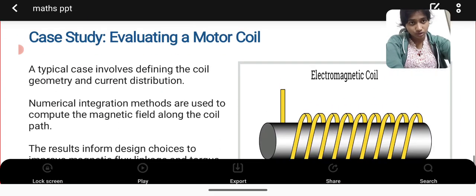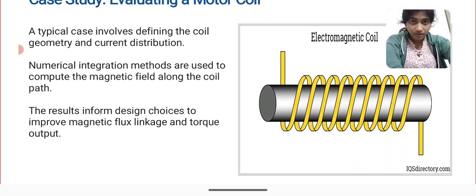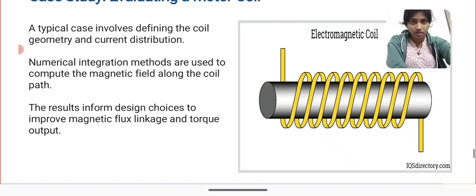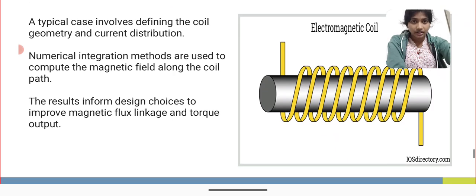Case study: evaluation in a motor coil. A typical case involves defining the coil geometry and current distribution. Numerical integration methods are used to compute the magnetic field along the coil path.